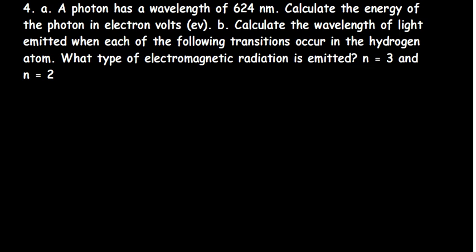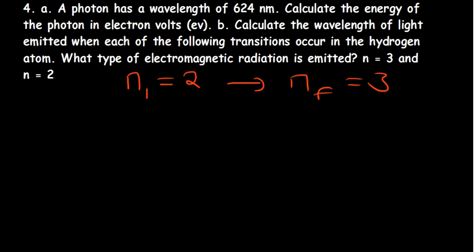Okay, so I'll consider one case where we have a transition from the second to the third. An electron is moving from the second energy level to the third energy level as our final. So the first part is to determine the wavelength.